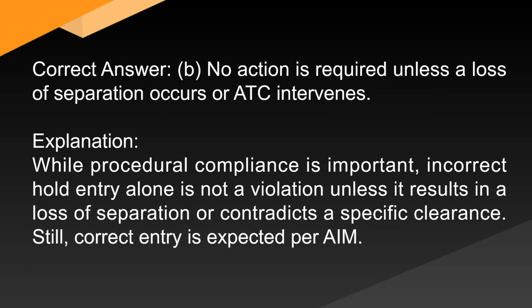Correct answer: B. Explanation: While procedural compliance is important, incorrect hold entry alone is not a violation unless it results in a loss of separation or contradicts a specific clearance. Still, correct entry is expected per AIM.